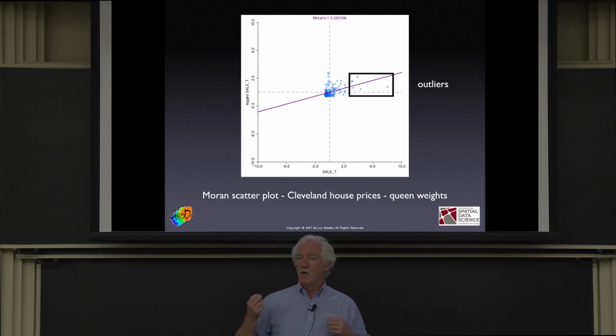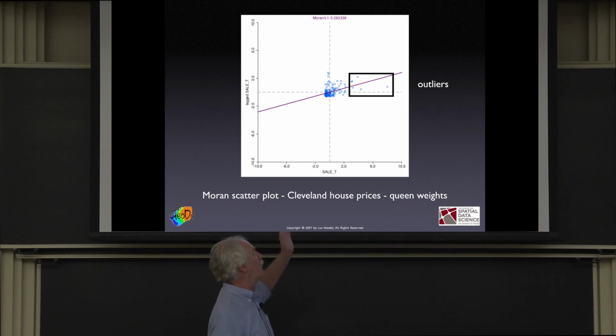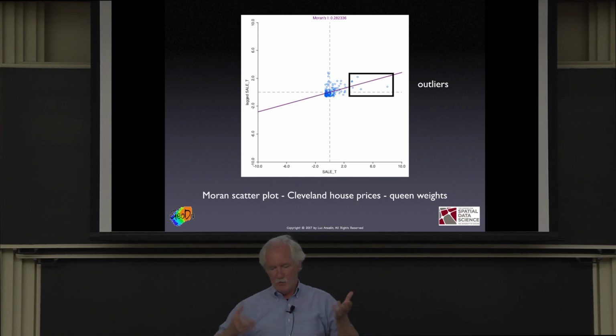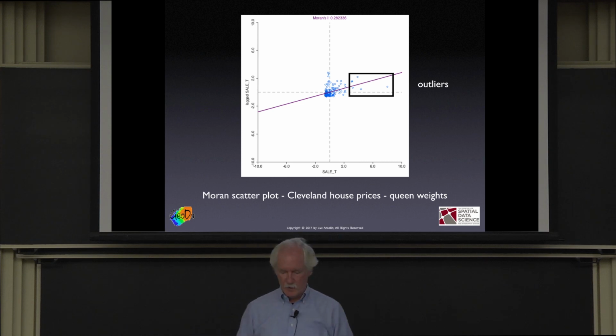So there are certain observations that have maybe a disproportionate effect on the slope of this regression. And using GeoDa, for example, you can kick this point out and redo the analysis and see the effect on the slope of kicking this point out. And you can do other such things, looking at the influence of particular observations.